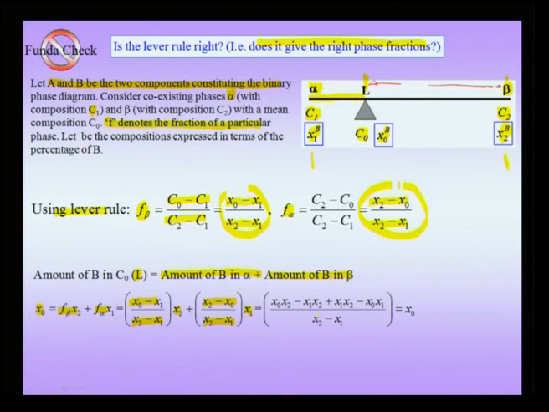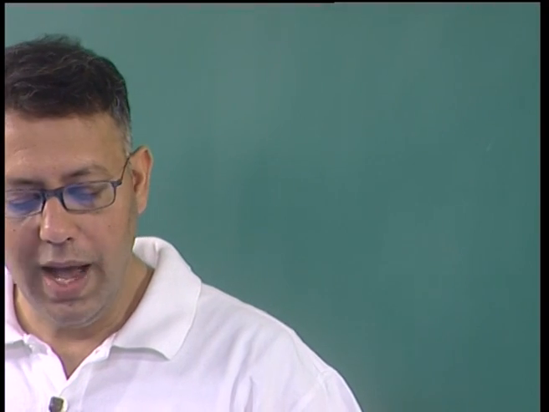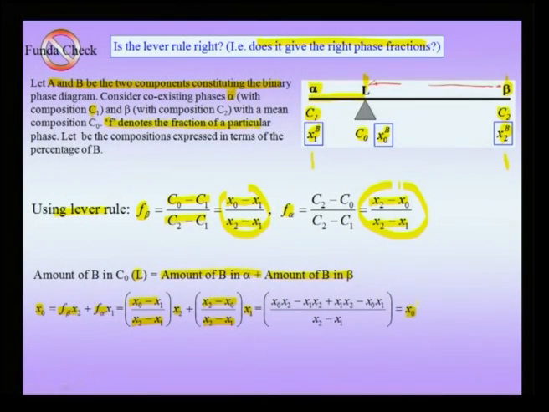Simplifying, we note that this becomes equal to x0. That implies the left hand side is equal to the right hand side, which also implies that the lever rule is the correct rule to determine the fractions of the alpha present and the beta present in a two phase mixture with a starting composition C0.